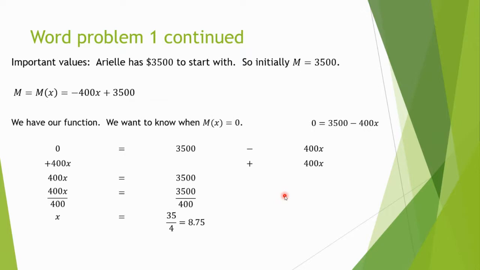After the algebra, you end up with this. So she can stay about 8.75 weeks before she runs out of money.